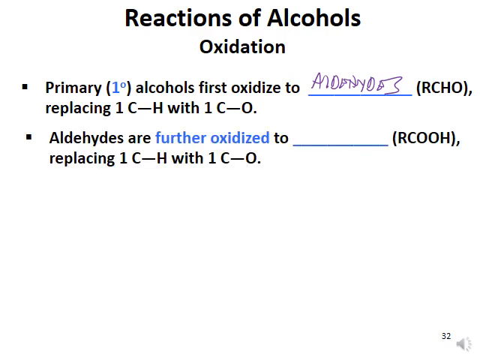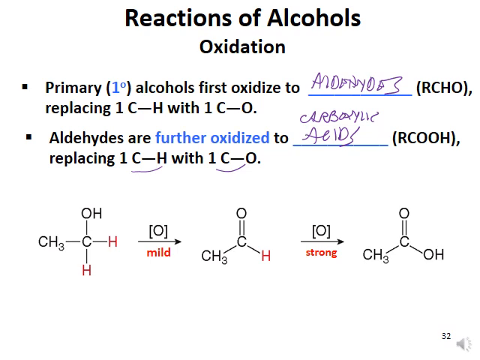And then aldehydes, if you have a strong enough oxidizer, will further oxidize to make carboxylic acids, replacing another CH with another CO. So if we start with ethanol, and we have a mild oxidant, you will get rid of one of the CH bonds and make a CO double bond, and that's an aldehyde.